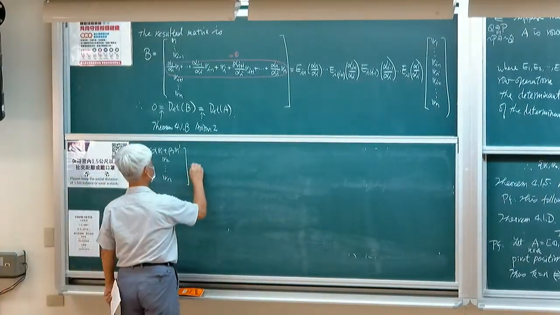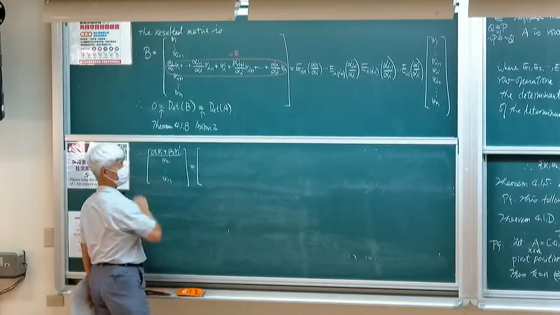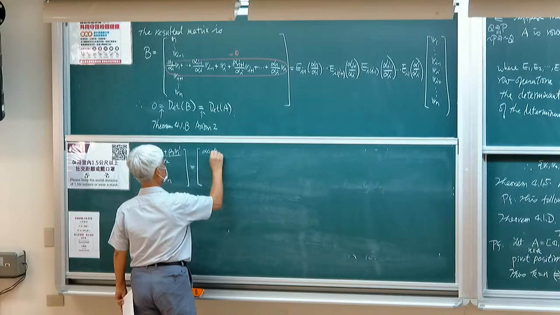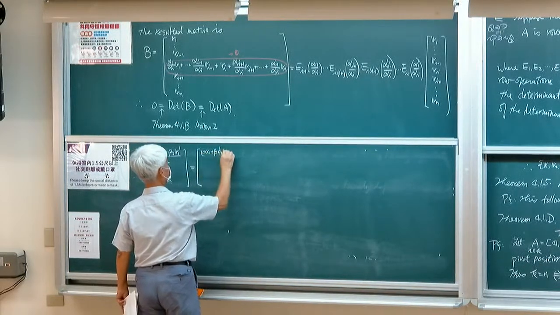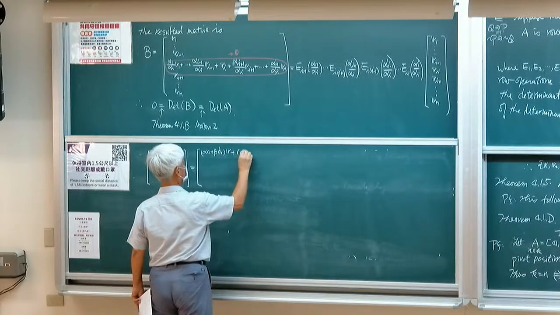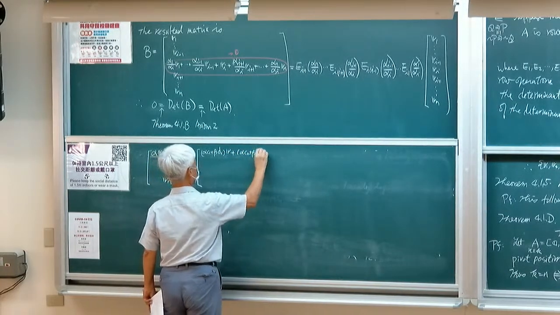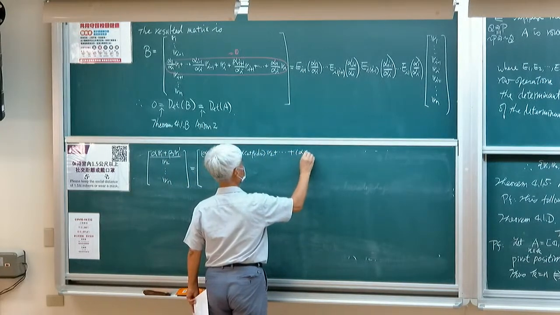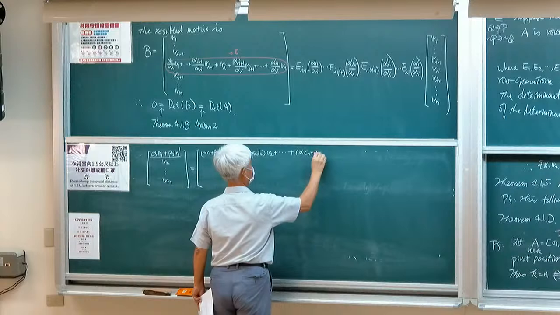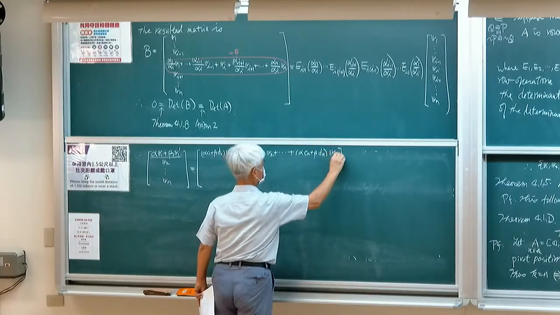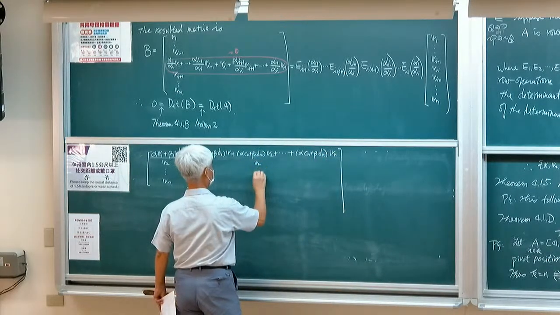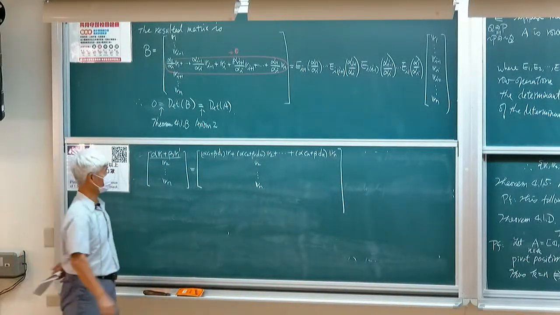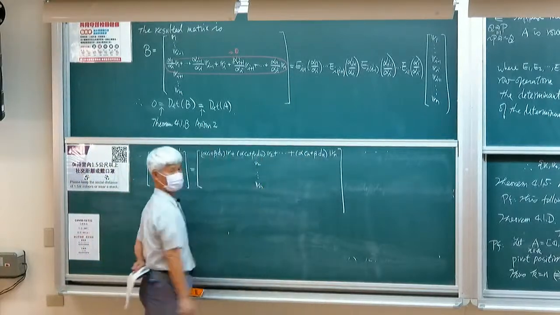Now the linear combination becomes alpha C1 plus beta D1 R plus alpha C2 plus beta D2 R2 plus alpha Cn plus beta Dn Rn, and R2 up to Rn. Now we can eliminate all the other terms.